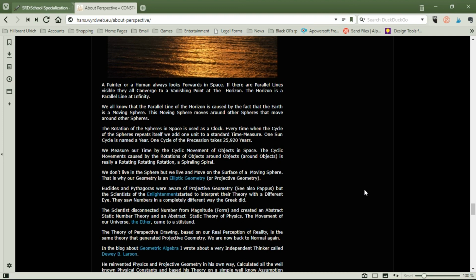The rotation of the spheres in space is used as a clock. Every time the cycle of the spheres repeats itself, we add 1 unit to a standard time measure. 1 sun cycle is named a year. 1 cycle of the precession takes 25,920 years, which we have reached the end of in 2012, right?